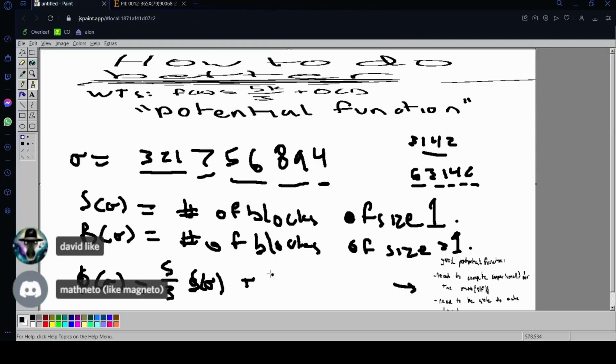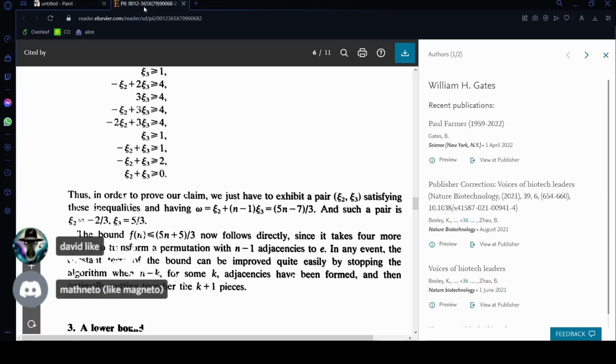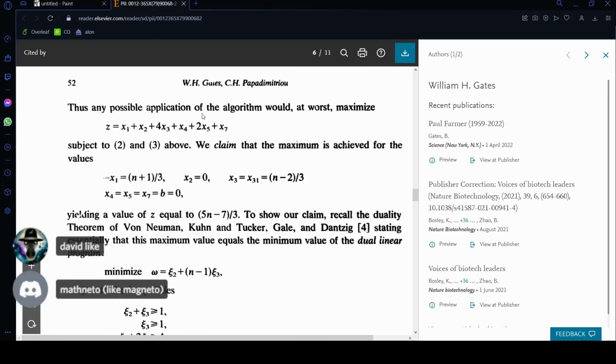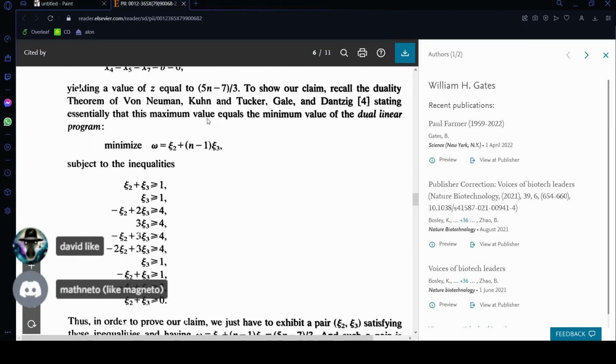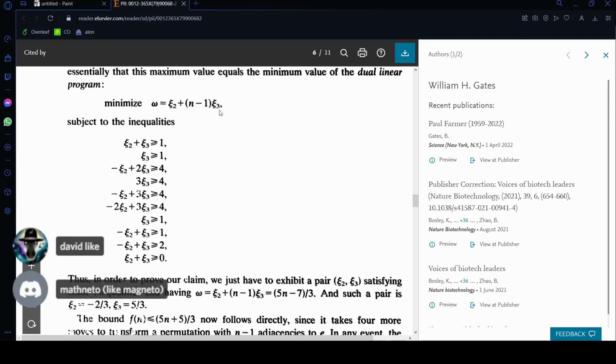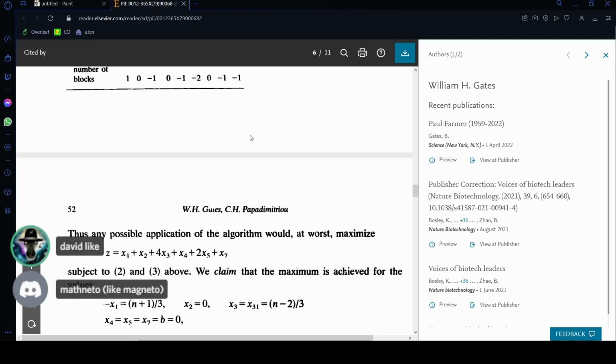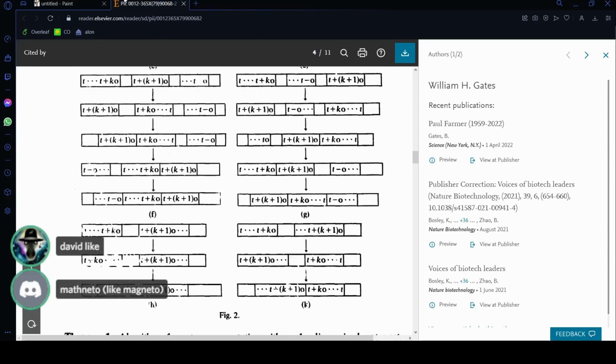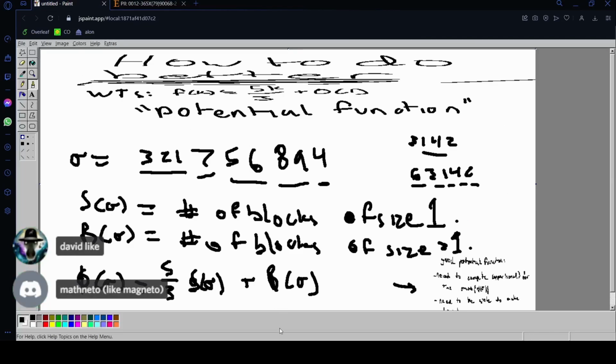So plus b of sigma. Yeah, I think this is correct.